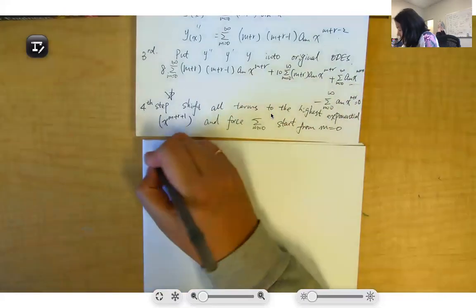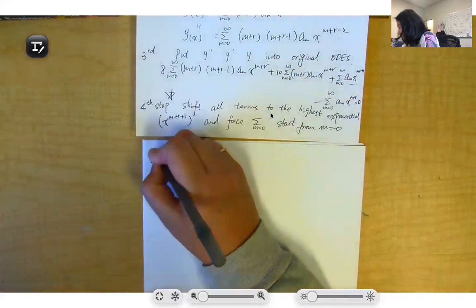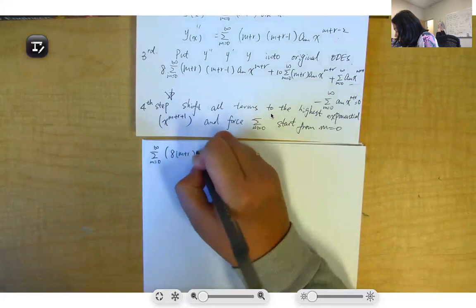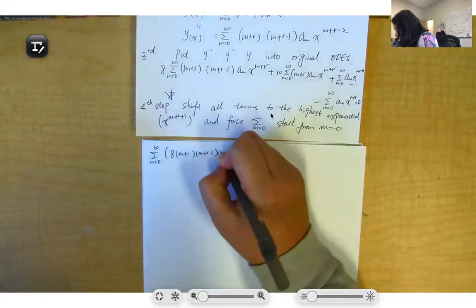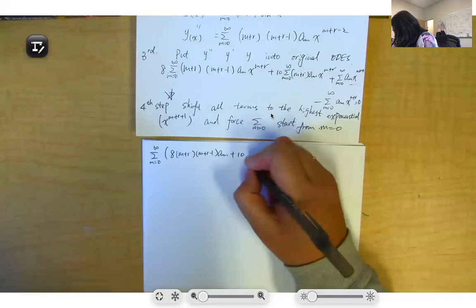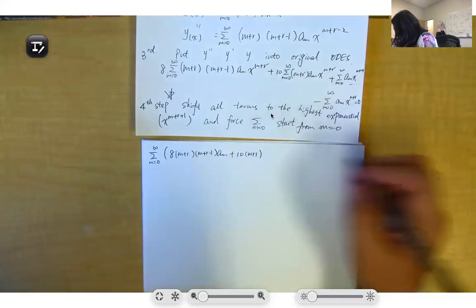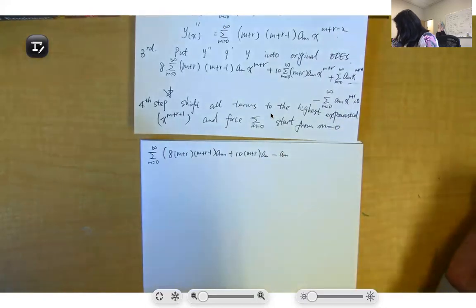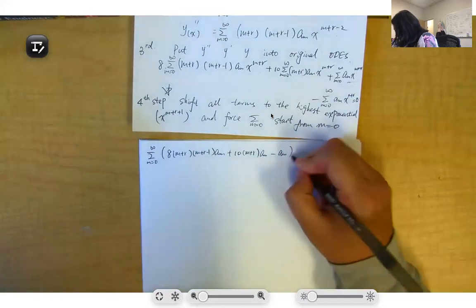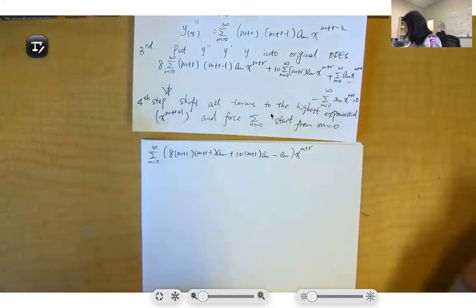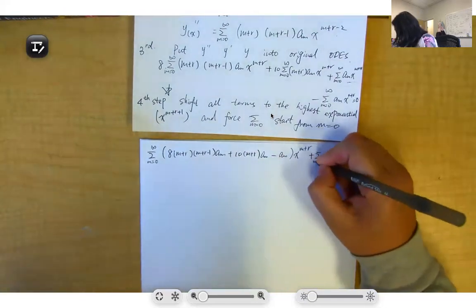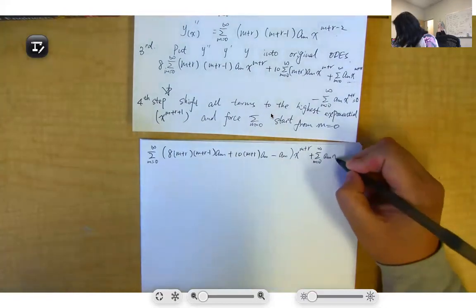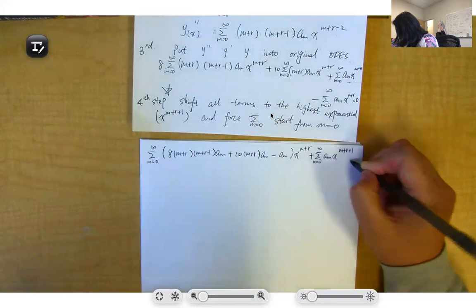So the sum from 0 to infinity of [8(m+r)(m+r-1) a_m + 10(m+r) a_m - a_m] times x to the m plus r, plus the sum from 0 to infinity of a_m x to the m plus r plus 1 equals 0.